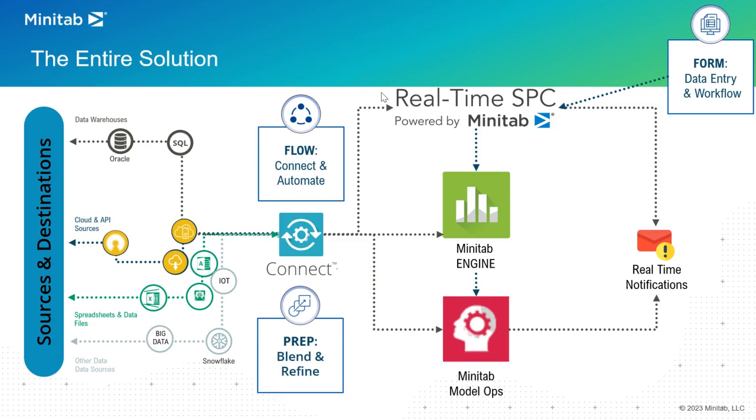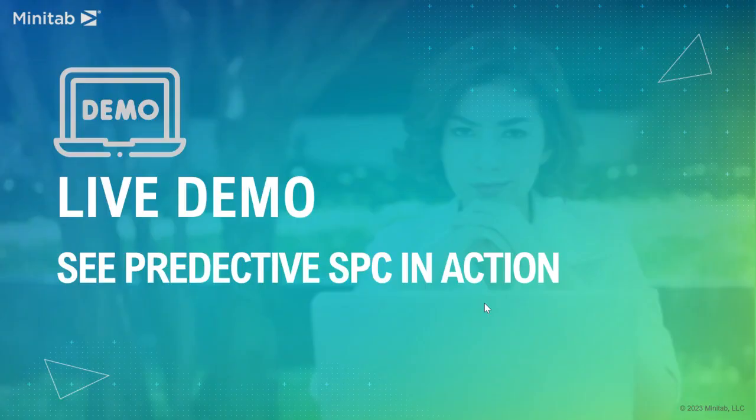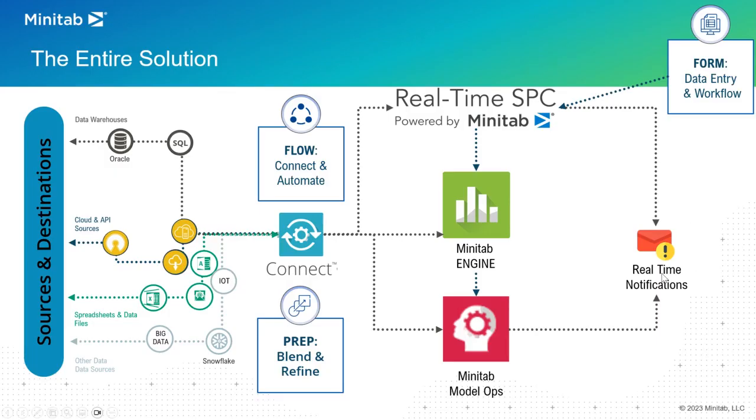But then taking that data that you've collected over time using an SPC application and being able to set up that early warning system using Minitab Model Ops and a predictive model to then get real-time notifications from your model before SPC is even able to detect them as well.